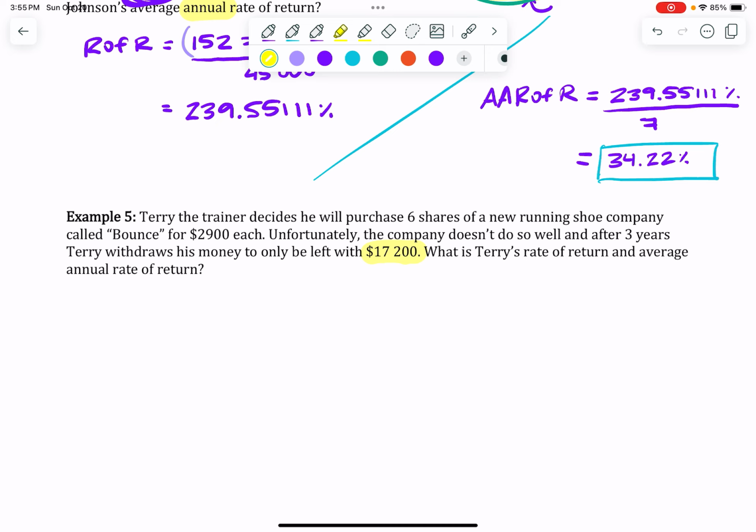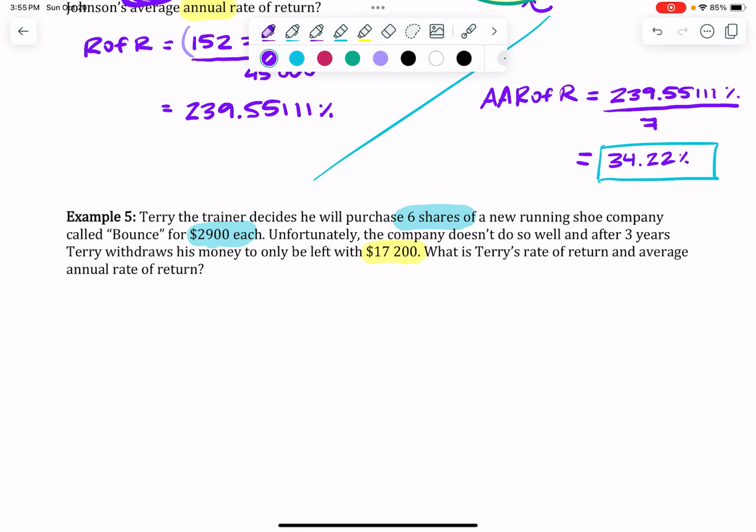I say indirectly because he did not start off investing $2,900, right? Terry didn't do so well, which means he must not have made money. But if he started off with $2,900 and ended up with $17,200, that makes it sound like he did quite well. Why didn't he start with $2,900? Because he bought 6 shares, each worth that value.